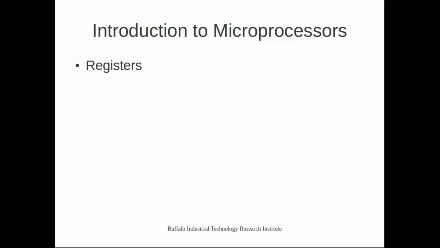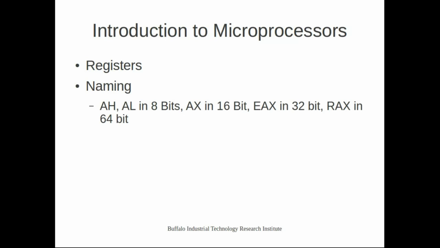All microprocessors have a set of registers evolving from the earlier days. The 8-bit processors had registers called AH and AL which could be combined into a 16-bit register named AX. The 32-bit processors added another 16 bits to these registers, named EAX, and in 64-bit another 32 bits were added, called RAX.